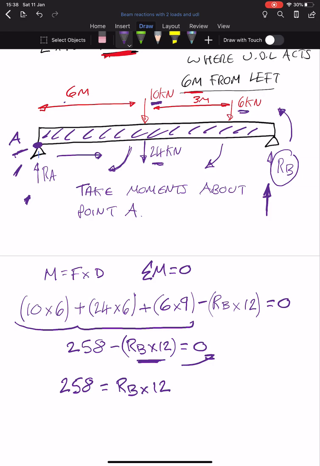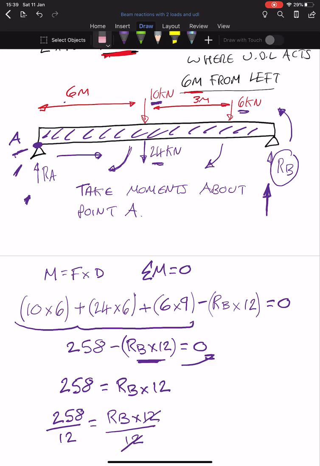And now simply to find RB, all I've got to do is divide both sides by 12. 258 divided by 12 equals RB times by 12. So to get rid of the 12, I divide both sides by 12. Really, that 12 and that 12 cancel out.